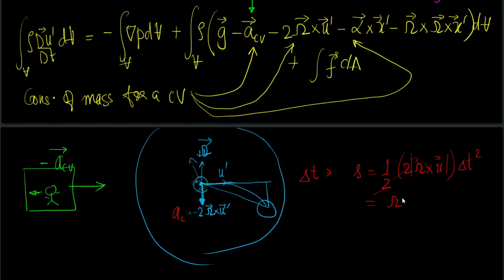It will be omega times u times delta t squared. This is the displacement. In that particular amount of time, the particle has traveled a distance L equal to u' delta t.